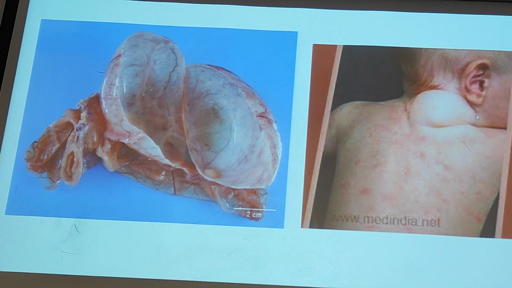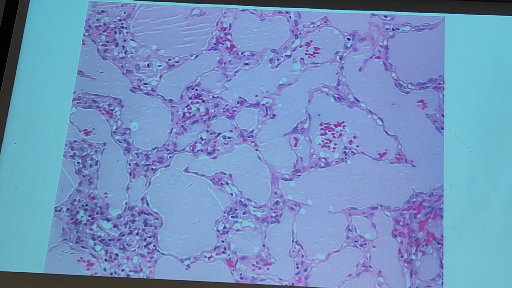You see lymphangioma in the neck of the infant, and this is the gross examination of the lymphangioma after cutting the tumor.